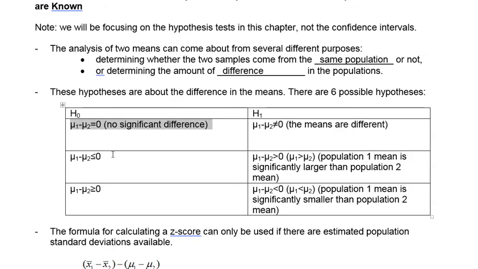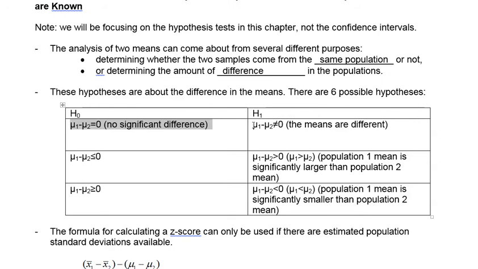So this is shown by looking at the difference. If I take population 1 minus population 2 and I get a negative number, that's saying population 1 is smaller than population 2, smaller or equal to. And if I look at the other direction, population 1 minus population 2 is greater than or equal to 0, that is saying population 1 is larger or equal to population 2.